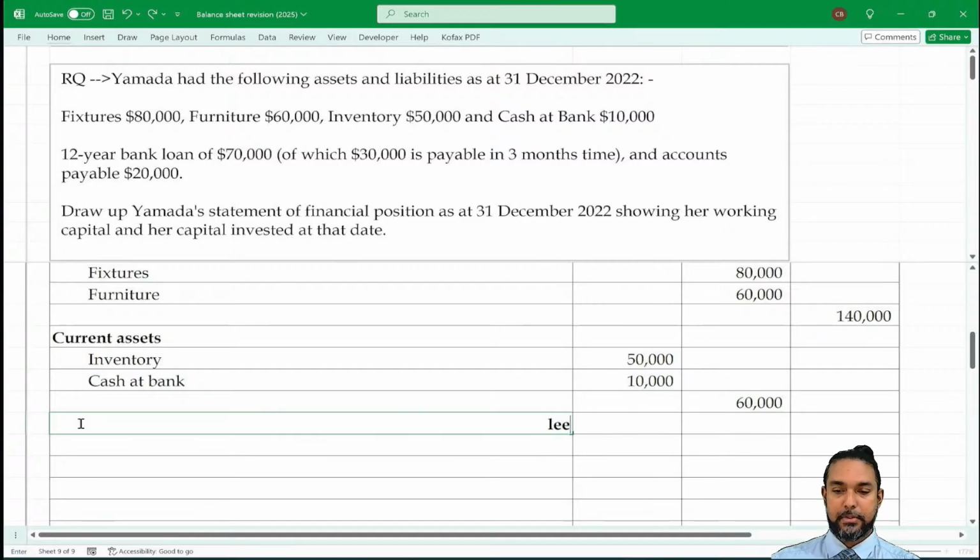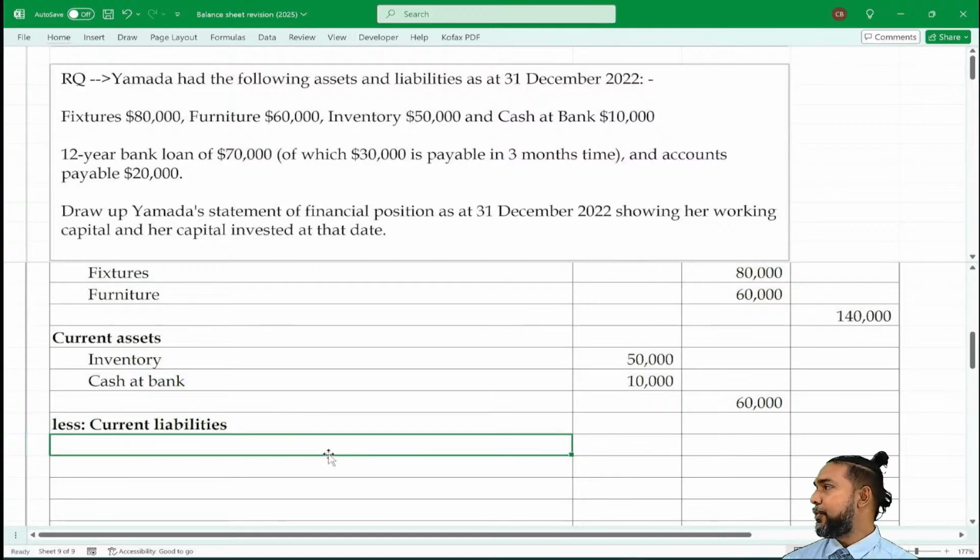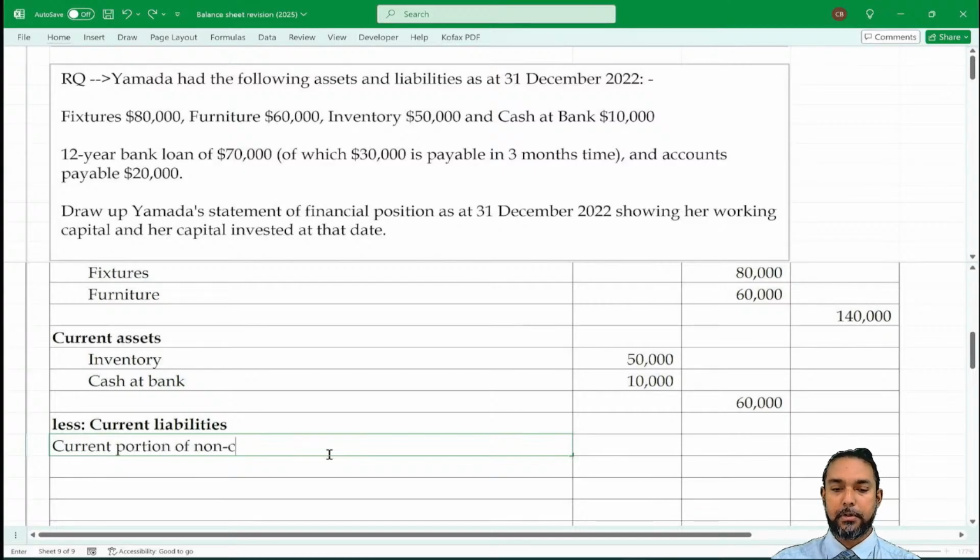And then we're going to do less current liabilities. Okay, all right, Paige, what item is a current liability? The current portion of non-current.